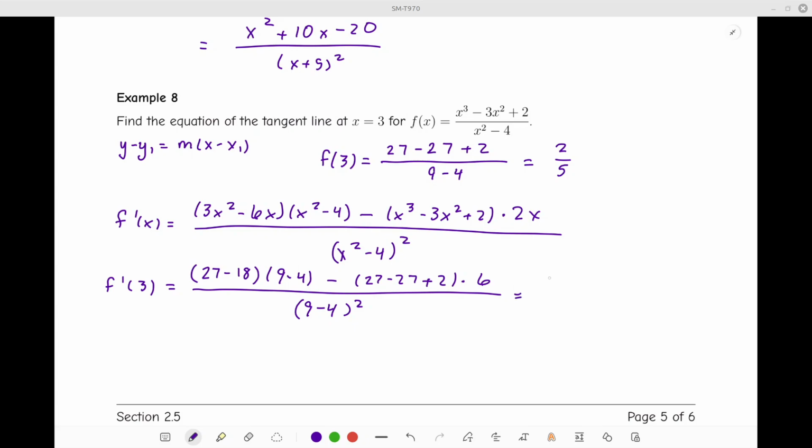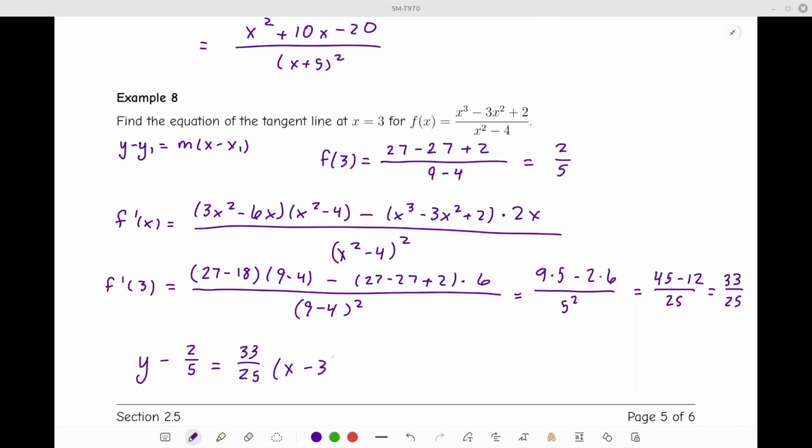What does that come out to be? 9 times 5 minus 2 times 6, over 5 squared, which is 45 minus 12 over 25, 33 over 25. So then our equation is y minus 2/5 equals 33 over 25, because that is what our m value is, times x minus 3. And that is the equation of the tangent line.